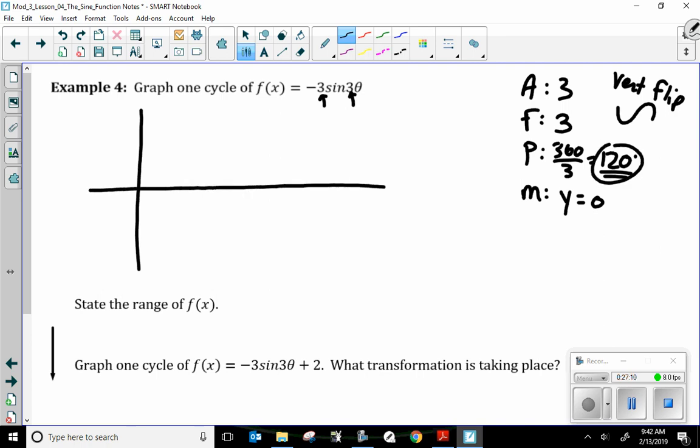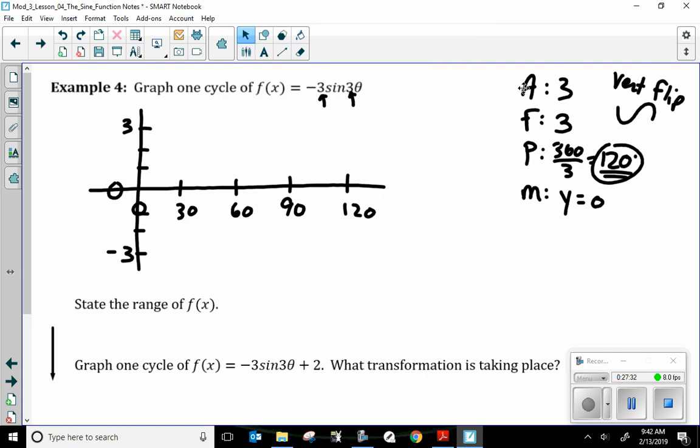I'm going out to 120 degrees. Half of 120 is 60. Half of 60 is 30. 30 plus 60 gets me my 90. And I have 0 here. My midline is at y equals 0. It will go to positive 3, and it will go to -3. Okay? And I'm going to start graphing this right now, keeping in mind that it'll be a vertical flip.